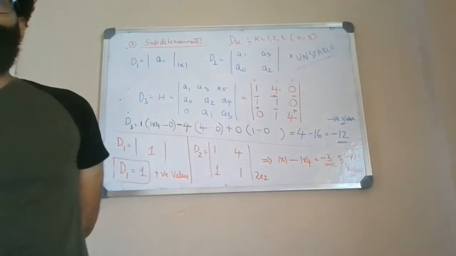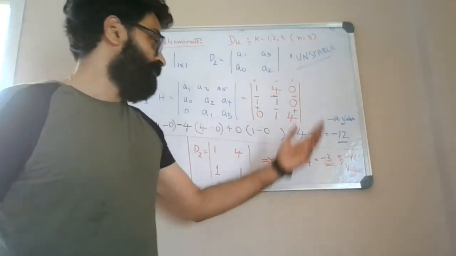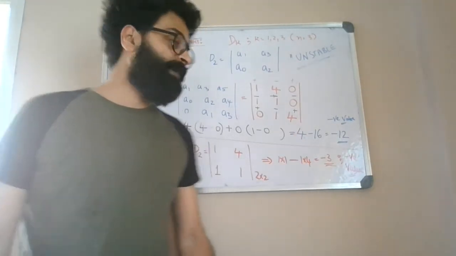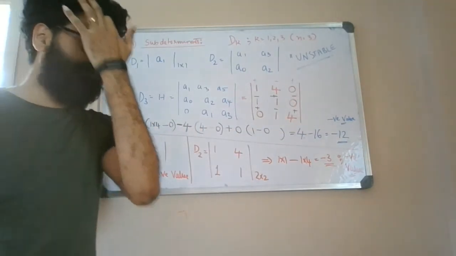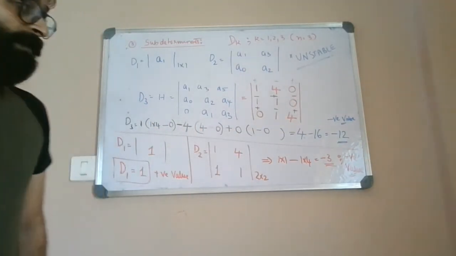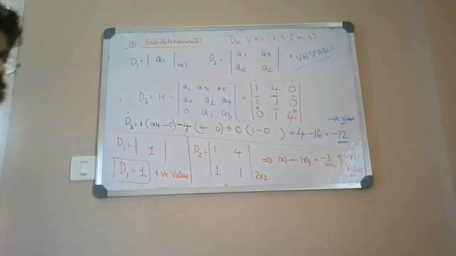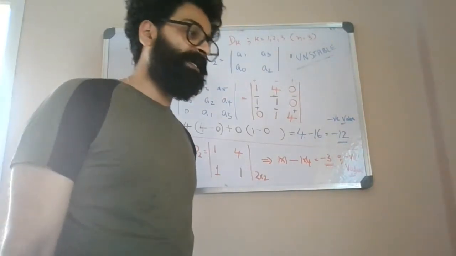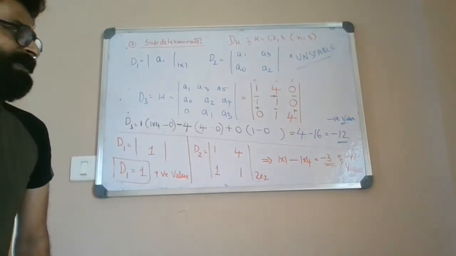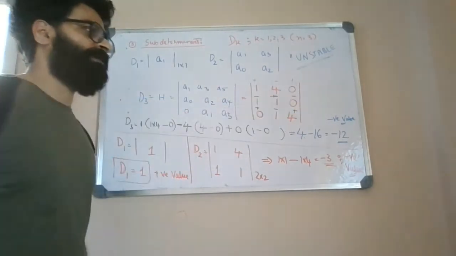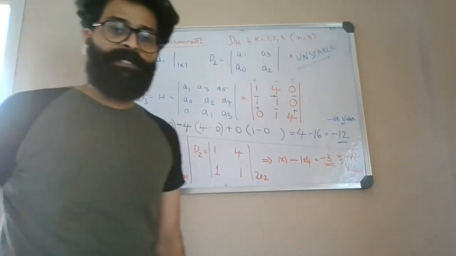Say suppose you have order 5. Then you will have a 5 cross 5 determinant. How will you solve a 5 cross 5 determinant? Very difficult, right? Unless you have some computing tools such as MATLAB. So for handheld calculation, this is the maximum order we can handle, that is 3.